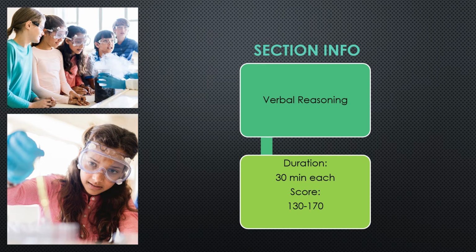Based on your answers for all these sections, that is 3 or 2, you will be scored between 130 and 170. And the range is like this because the questions are marked internally, so you cannot tell which question has 1 mark or which question has more than 1 mark.